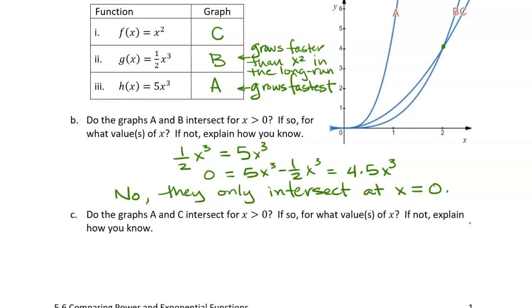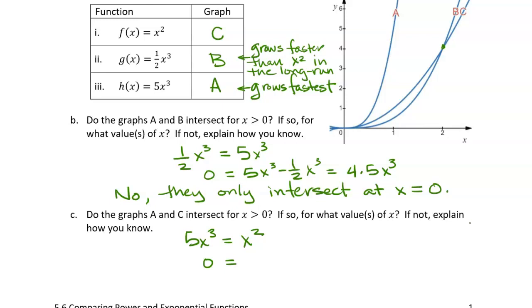We know A is 5x cubed, and we know that C is x squared. I'm going to move everything to one side and set it equal to 0, because I have to be careful about dividing by x. x could be 0, and I'd lose that solution if I divide by x.